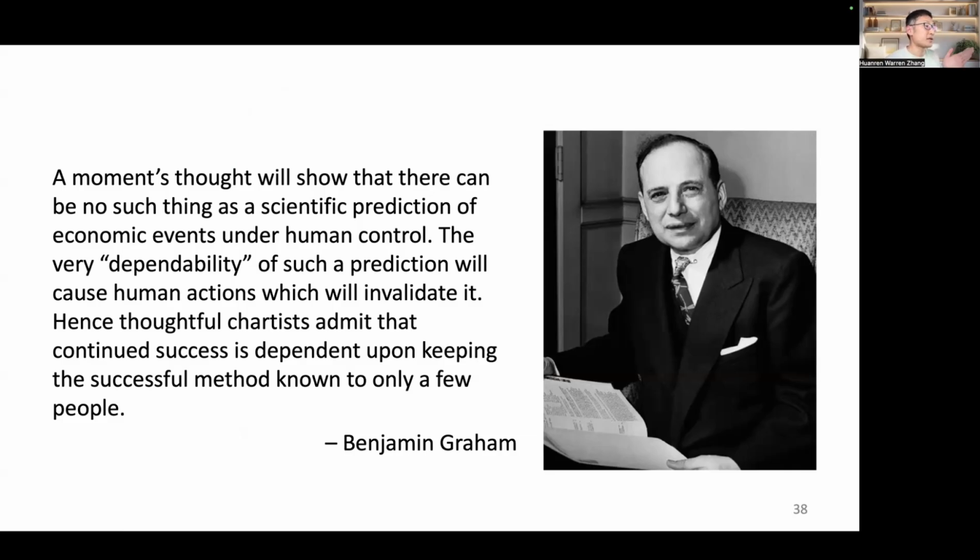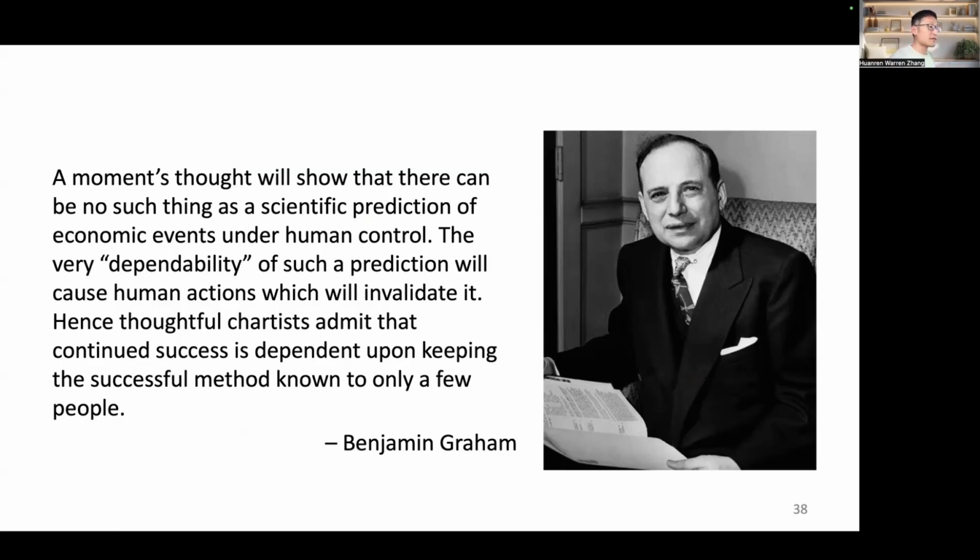A moment's thought will show that there can be no such thing as a scientific prediction of economic events under human control. The very dependability of such a prediction will cause human actions which will invalidate it.